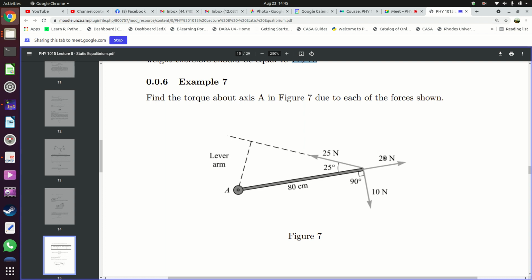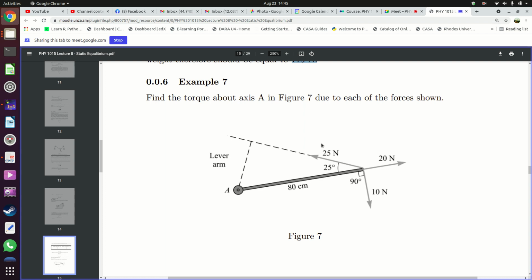The next thing about torque is what direction is this force going to cause this bar to turn. This force, the 10 Newton force, will try to turn this bar this way. Okay, so indicate that this 10 Newton force will try to turn the bar in this direction. This direction is a clockwise direction.